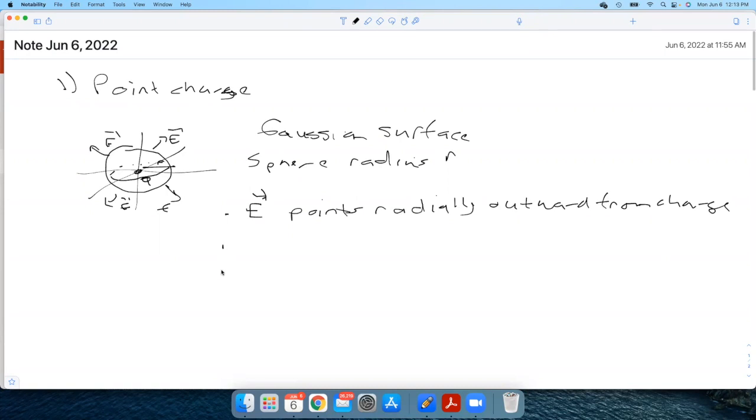Okay, then I got to note the magnitude of E must be constant on the surface of the sphere. How do we know that?